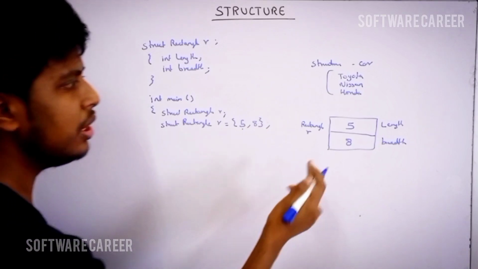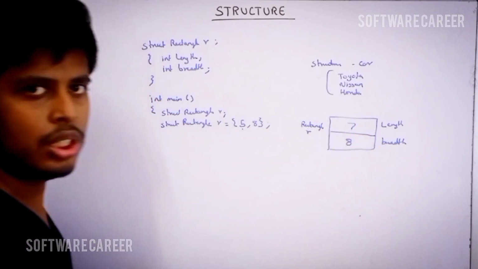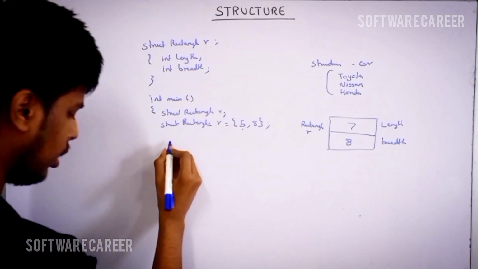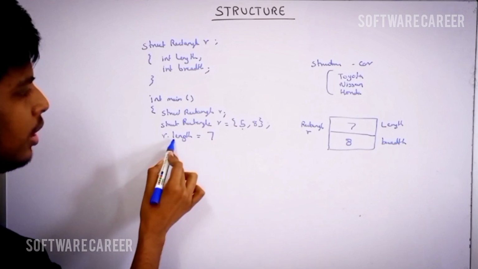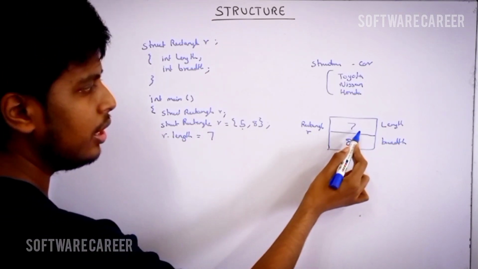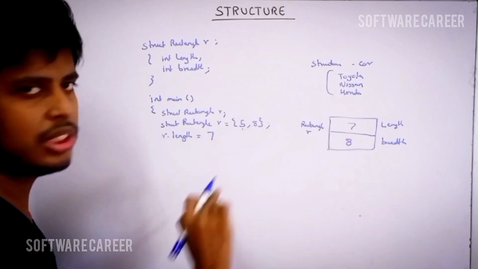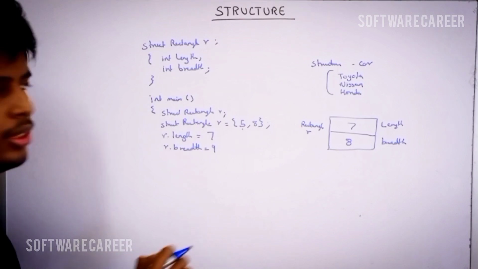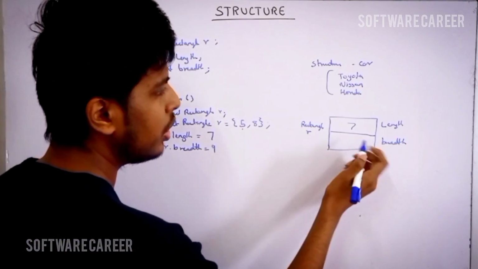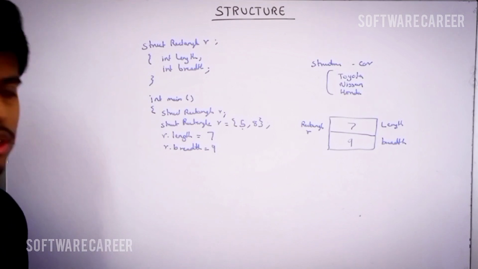If you want to change a value, suppose from 5 to 7, I call rectangle R, and the rectangle length is changed to 7. From 5 to 7 it changed. This is how you change the value. If I write it like this, the 8 changes to 9.